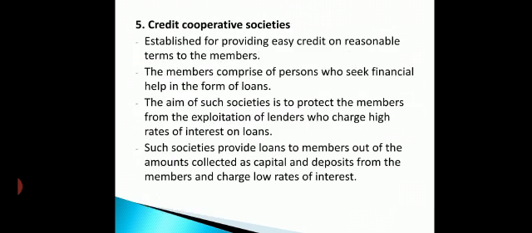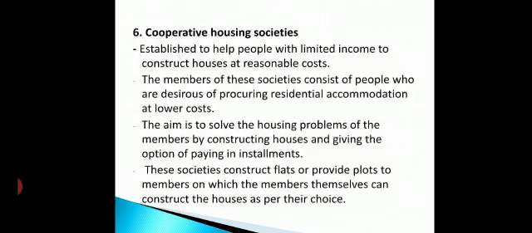The society collects money from the members in the form of capital, and the members themselves keep their savings in the form of deposits with the cooperative society. So out of capital and deposits collected, the society grants loans to the members at a reasonable rate of interest.